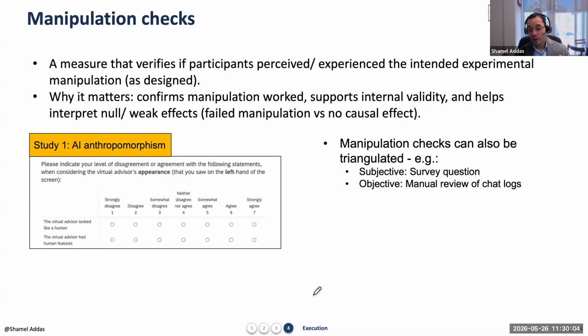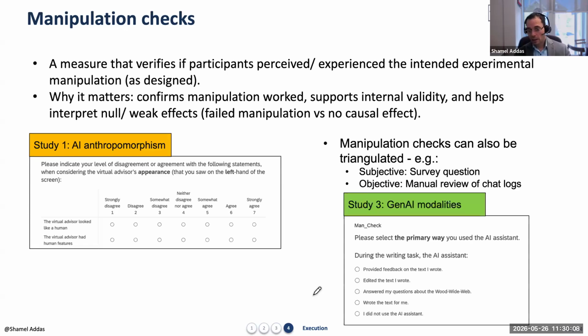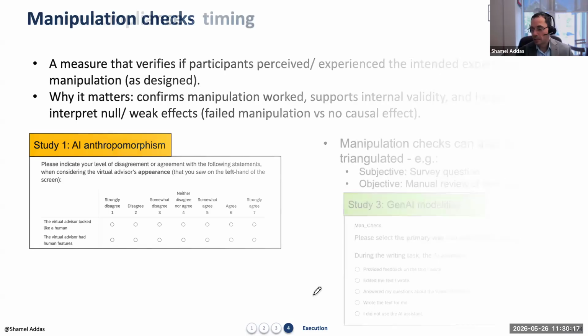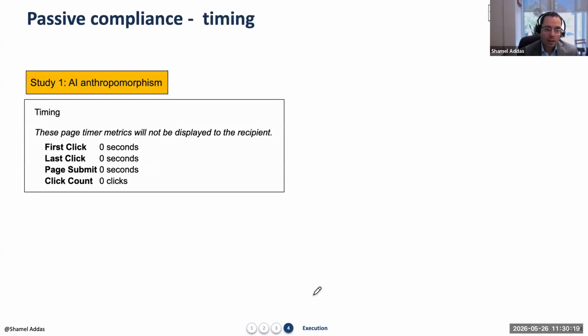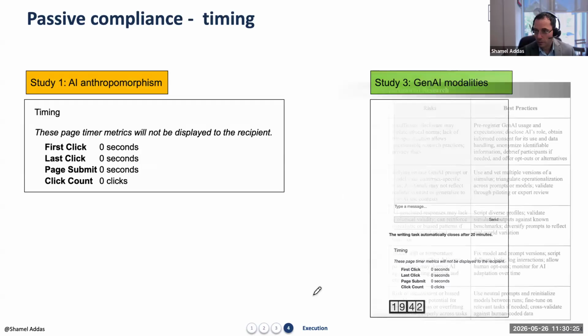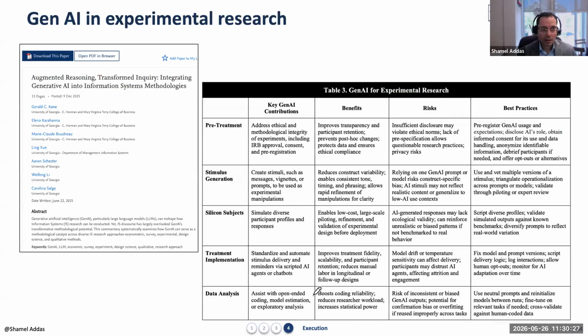Sometimes you could have an objective manipulation check. Like in study 3, we looked at how they actually used the generative AI assistant. Did they use it just for editing, or did they use it for something else? You can measure passive compliance, like the timing, how quickly respondents responded to the survey, and so on.